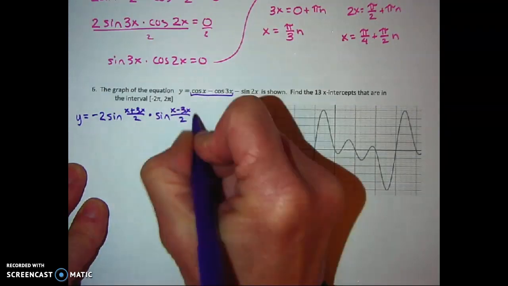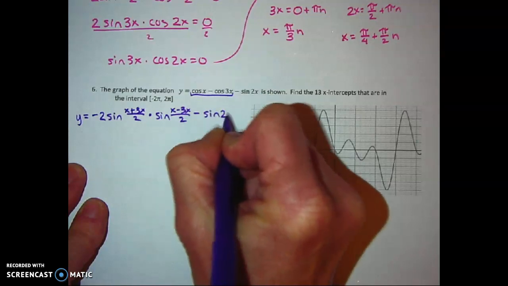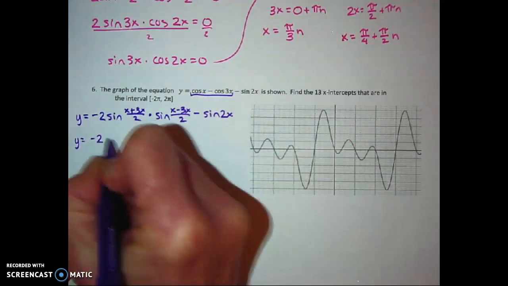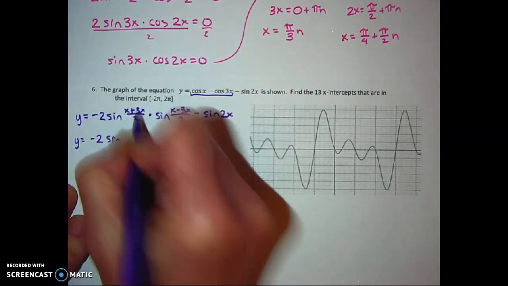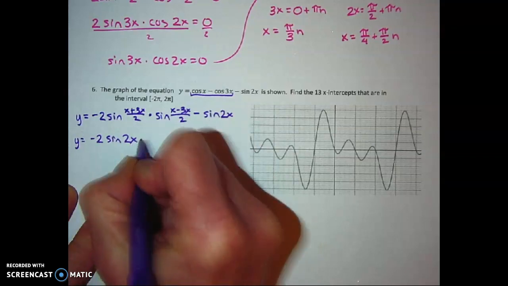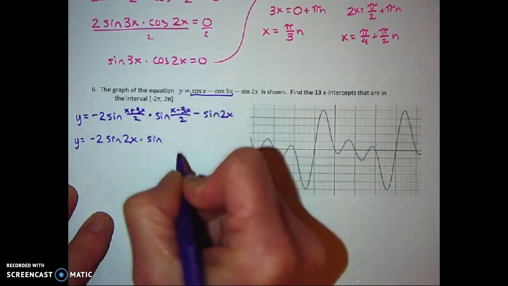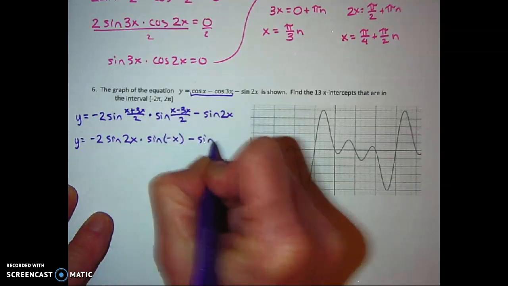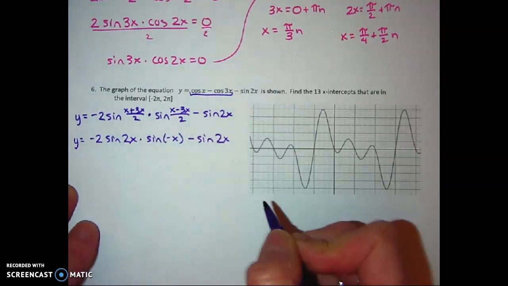And then I still have that minus sine of 2x. Simplifying, negative 2 sine of x plus 3x is 4 divided by 2, so I have a 2x, times the sine of negative 2 divided by 2, which is going to give me a negative x, minus the sine of 2x.